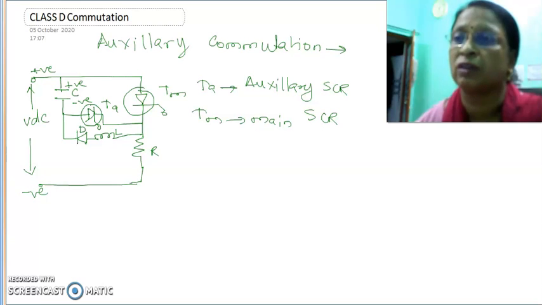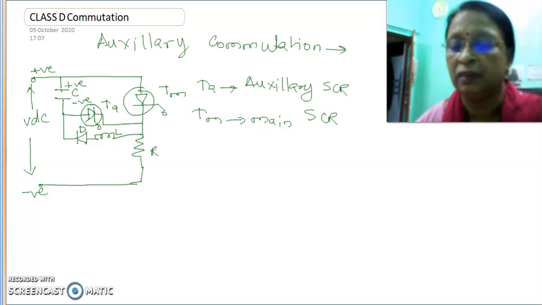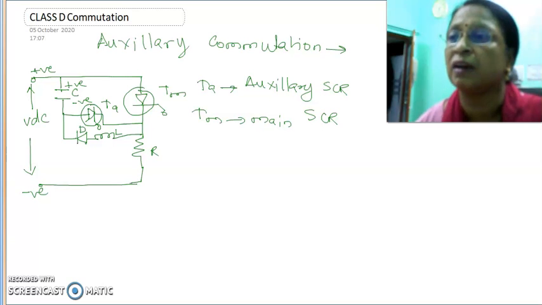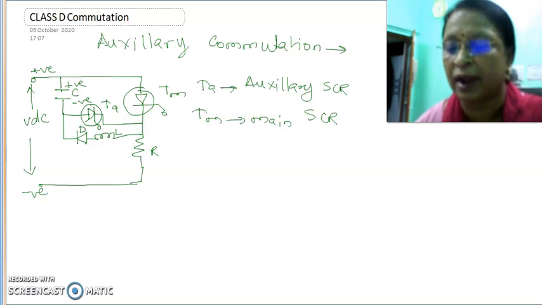What is done actually? Initially when the DC voltage is applied, the capacitor C will be charged up to voltage VDC with the upper plate positive and the lower plate negative. As soon as this main SCR TM is turned on, the capacitor will start discharging through the main SCR, the inductive load L, and D, that is the diode.